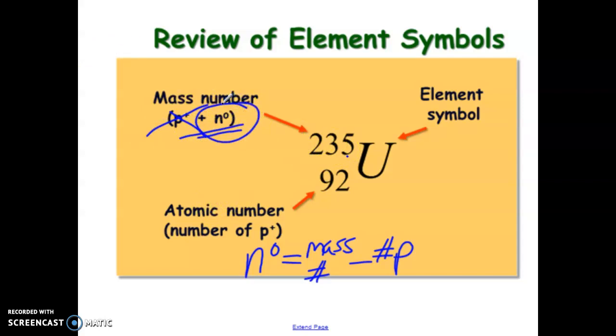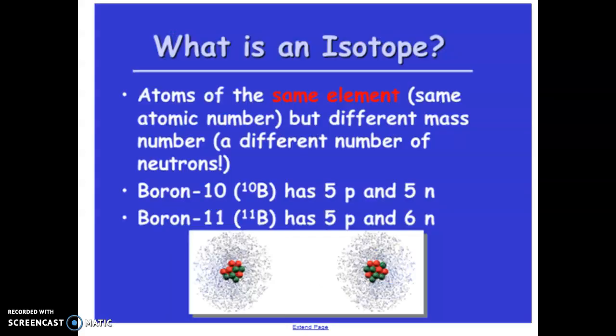Now, why that's going to become important when we start talking about radioactive elements is that only specific isotopes of elements are actually radioactive. So just to recap what an isotope is. You may or may not remember this from your junior grades, but we're going to review it as if you don't know what it is yet.